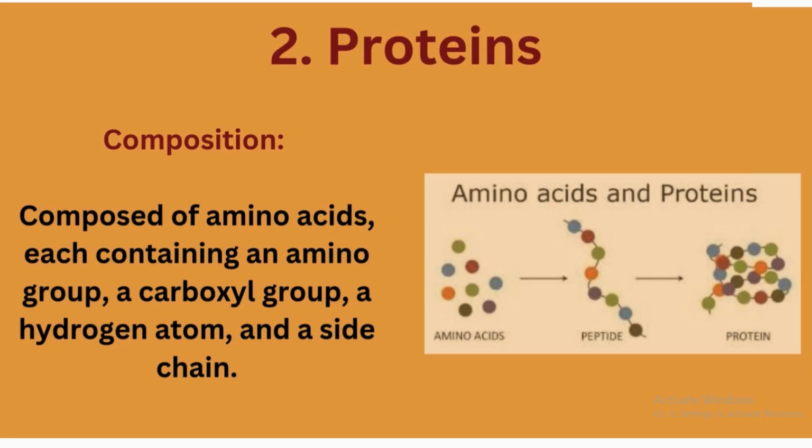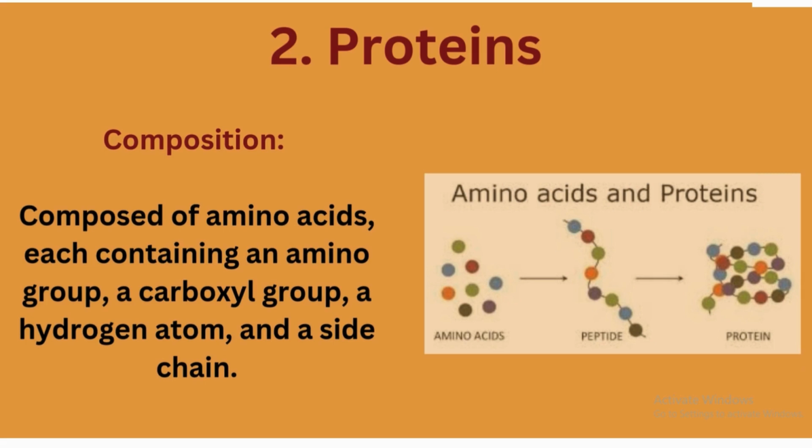Now we discuss the second biomacromolecule on the basis of the composition. Proteins are composed of the amino acids. Amino acids are the single monomer of the protein, each containing an amino group. For example, it consists of the amino group, carboxyl group, and the hydrogen atom and a side chain.